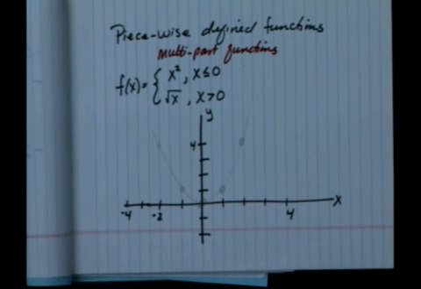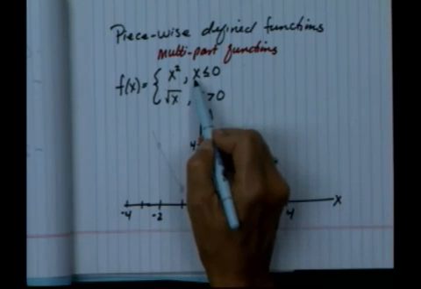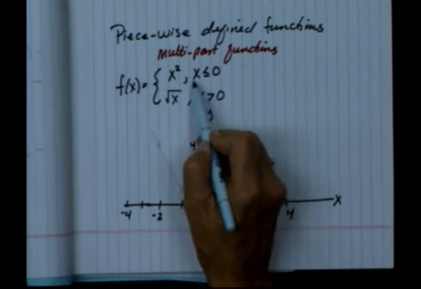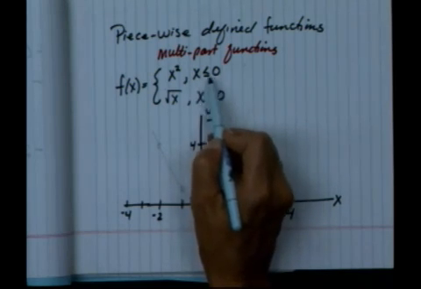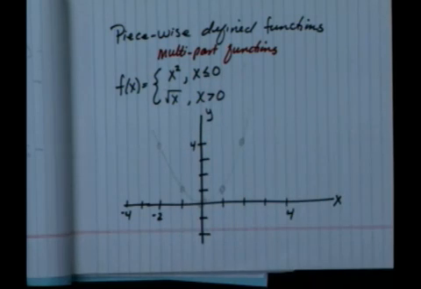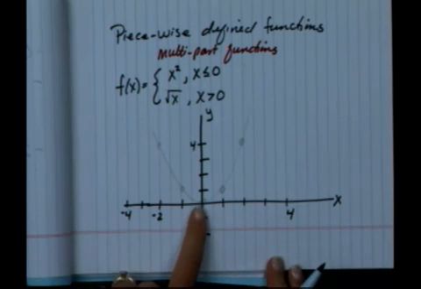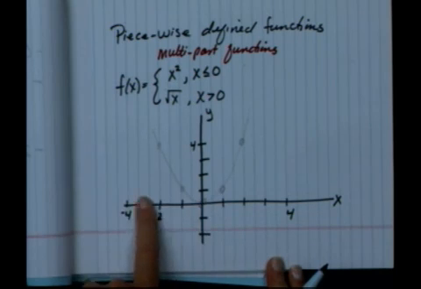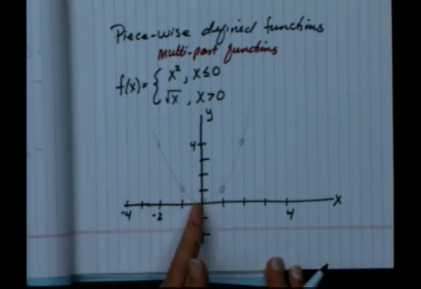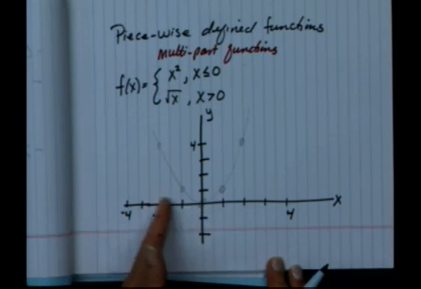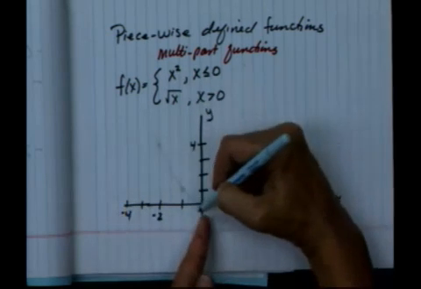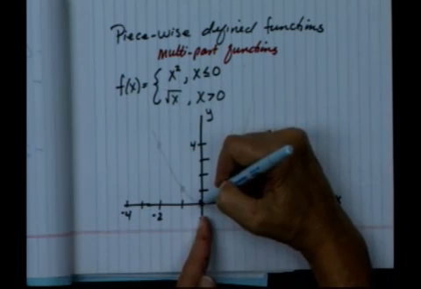All right. Now I'm going to come up here and it says you better only show the part of the graph where x is less than or equal to 0. Well, where on the graph is x less than or equal to 0? The left side. Over here on the left side, this is x less than or equal to 0. So only show that part of the graph.